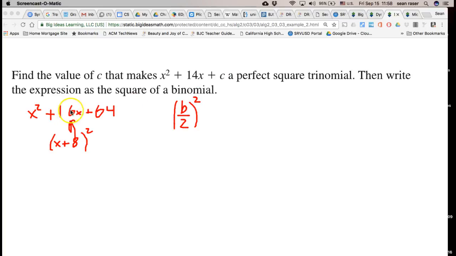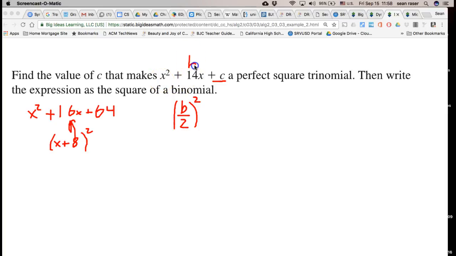With 16, if we cut it in half, that's 8, and 8 squared is 64. So all you do is take your b term, divide it by 2, and then square it, and that gives you the c value that needs to be added to turn this partial trinomial into a perfect square trinomial.